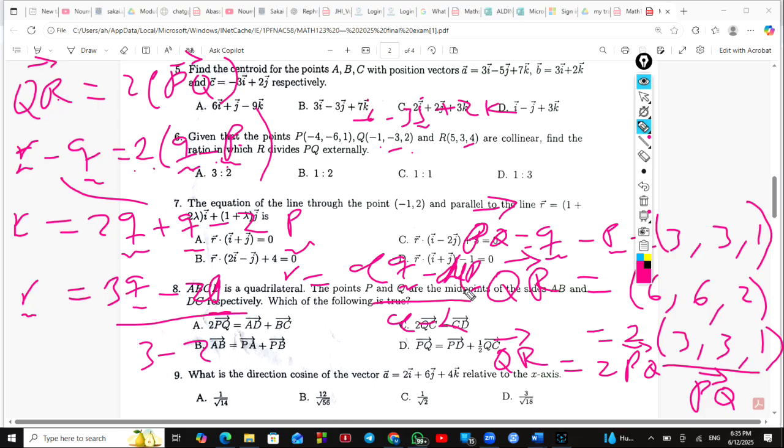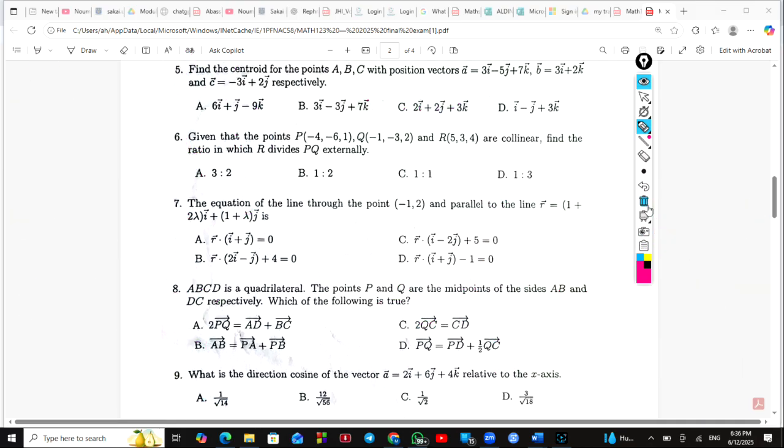I think it was mu, so minus mu. So here you see that alpha is to mu is 3 is to 2. So r divides p and q in the ratio 3 is to 2, and your answer is A.